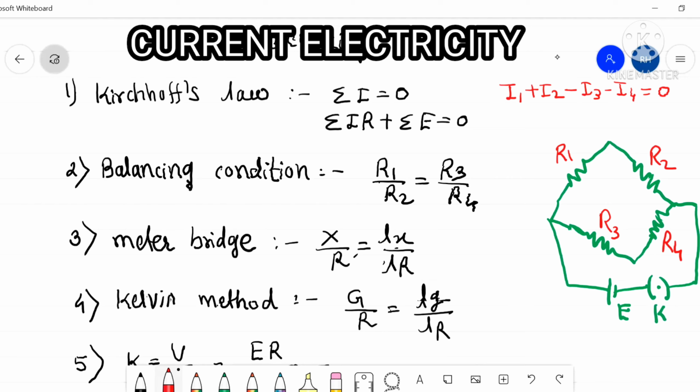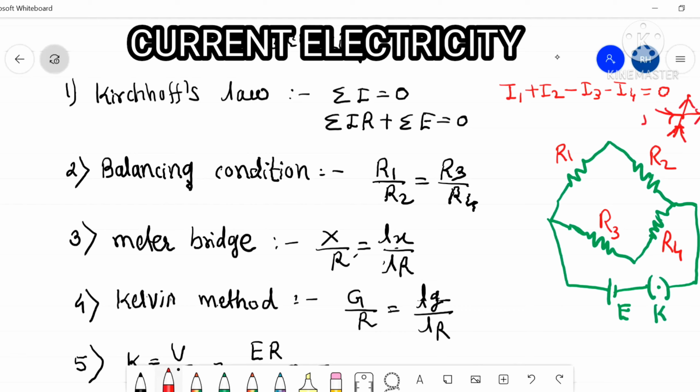The current which is flowing towards the junction is taken as positive, and away from the junction is taken as negative. Like that, I1 and I2 are both towards the junction, and I3 and I4 are leaving the junction. One junction is there, these two are towards the junction, and these two are leaving the junction.